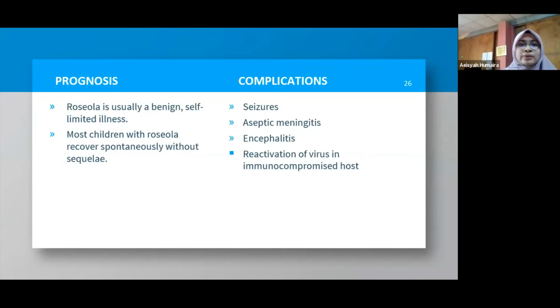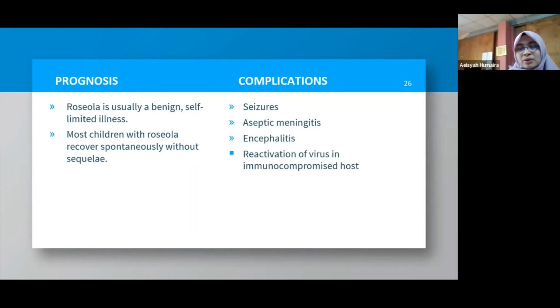For the prognosis, roseola is usually a benign and self-limited illness, and most children with roseola recover spontaneously without sequelae. For the complications, the most common one, occurring in about 50% of patients, is seizure.